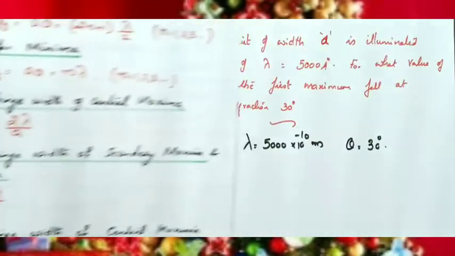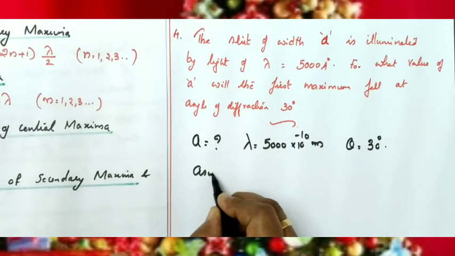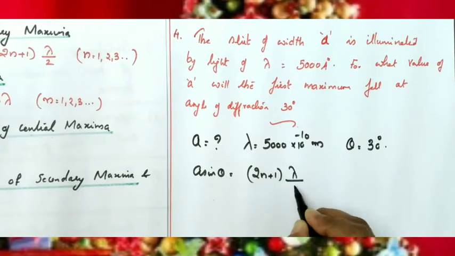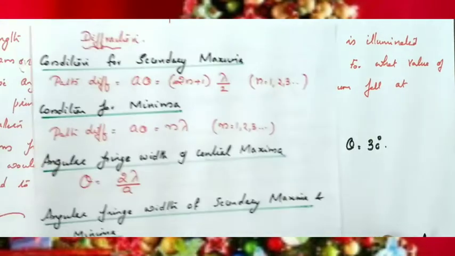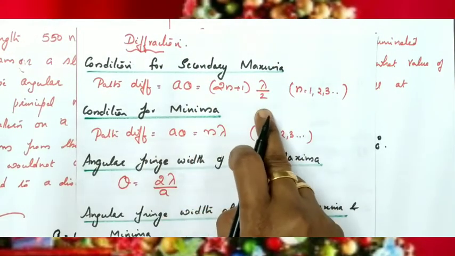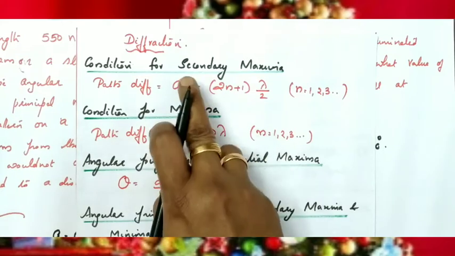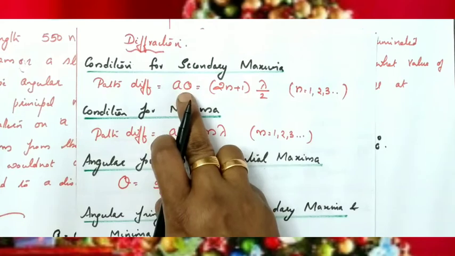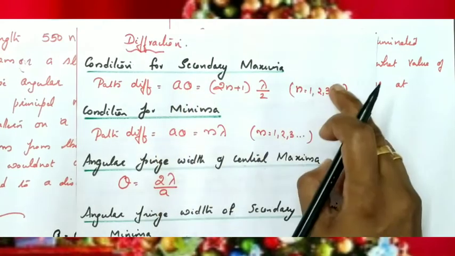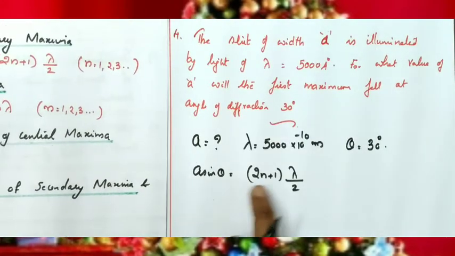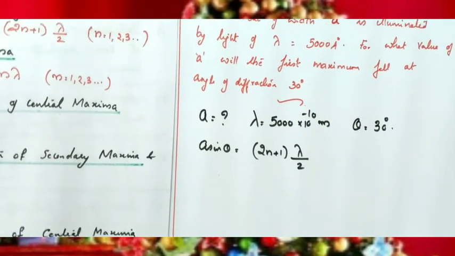The original formula is a sin theta equals 2n plus 1 into lambda by 2, the condition for secondary maxima. a theta is the approximate form. The original form is a sin theta, because we derived the path difference as a sin theta. Since the angle is given in degrees, we have to take sin theta.